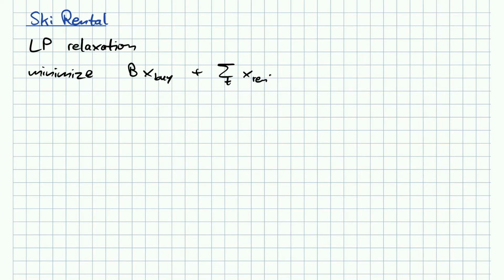So our LP relaxation is still the following. We want to minimize b times x plus the sum of the x_t. What are the constraints?